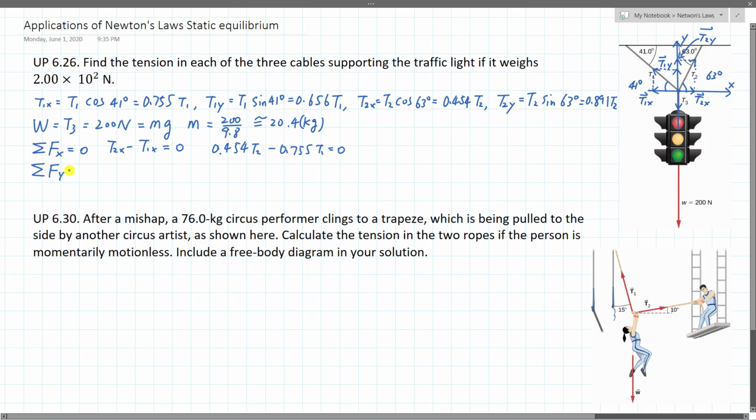equation. Net force in y adds to 0 because there's equilibrium in y as well, so there's no acceleration in y, and this side is mass times 0 acceleration, so it's 0. So now we have T2y, T1y, they're both pointing up, and there's T3 pointing down. So T1y plus T2y minus T3 equals 0.